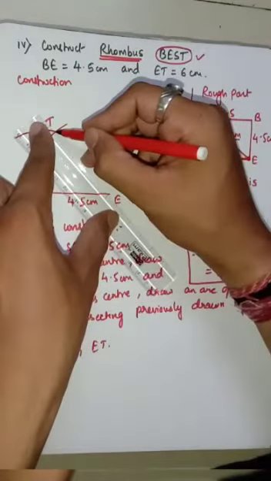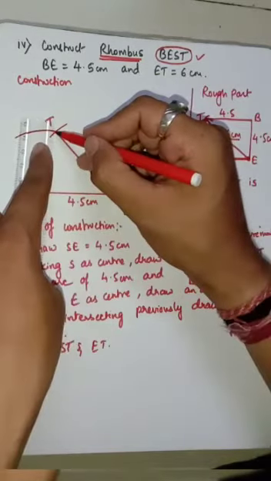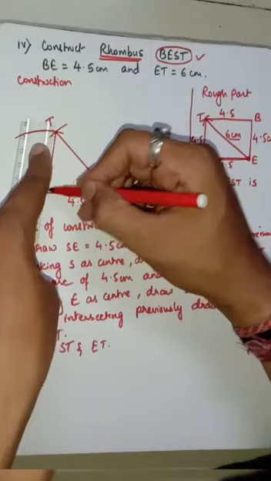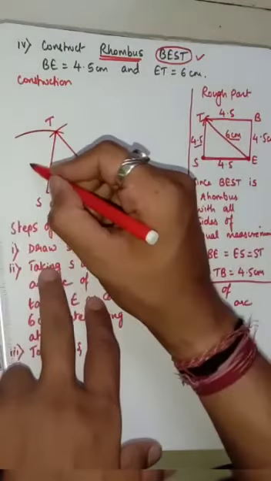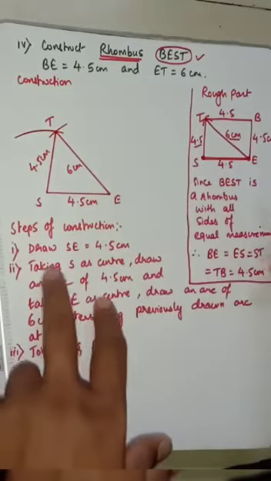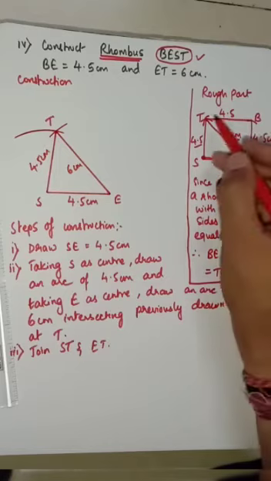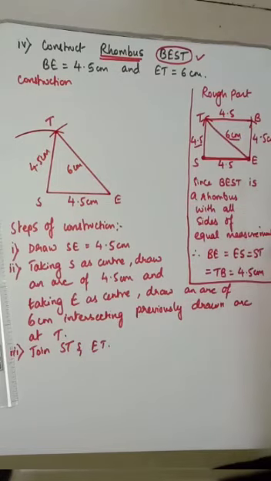With this point of intersection, we will join the E point and the S point. So ST is 4.5 centimeter and ET is 6 centimeter. Now from E as center we will draw an arc of 4.5 centimeter, and from T as center we will draw an arc of 4.5.